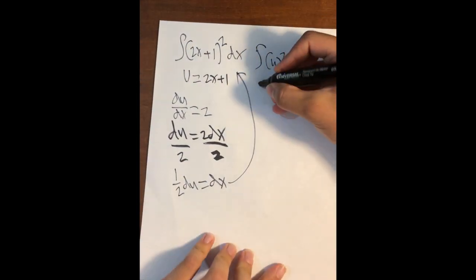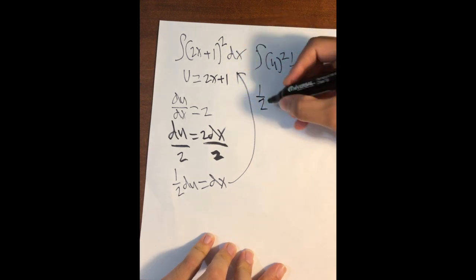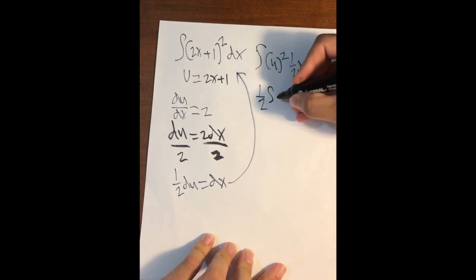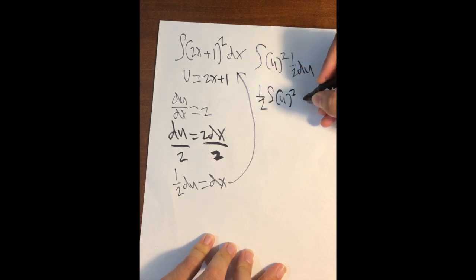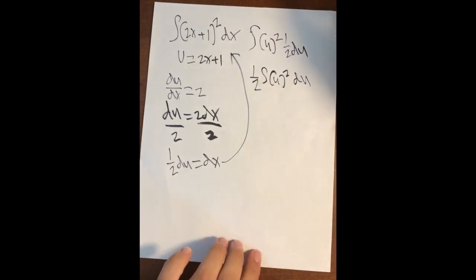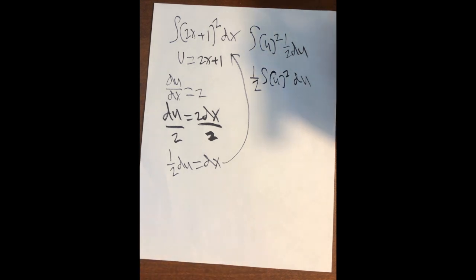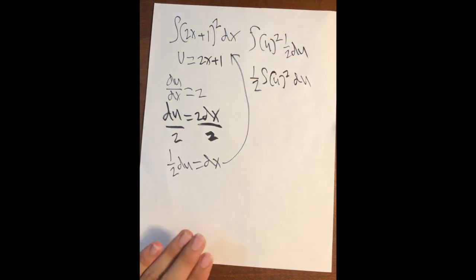Then we can bring the 1/2 out because it's a constant multiplier. We can do that with integrals. So we get 1/2 times the integral of u squared du. Now we're going to take the integral.